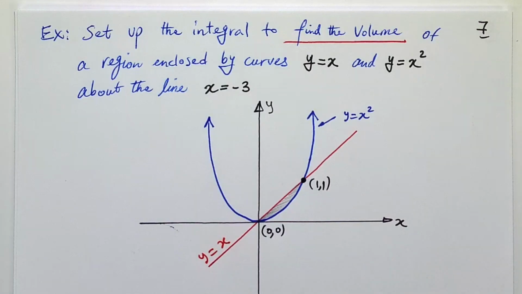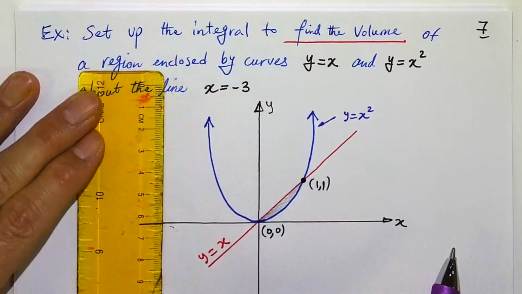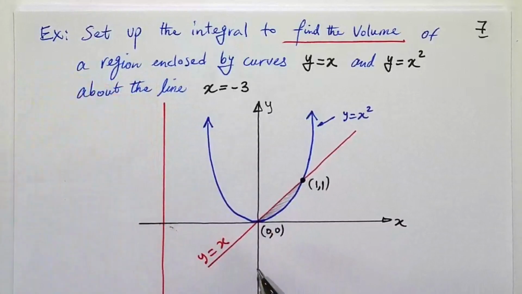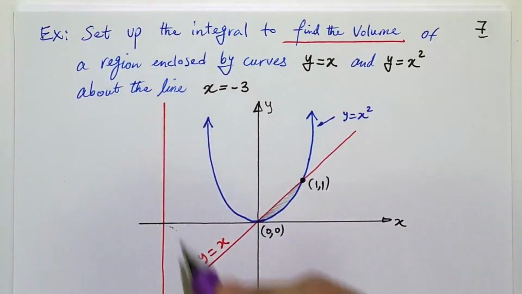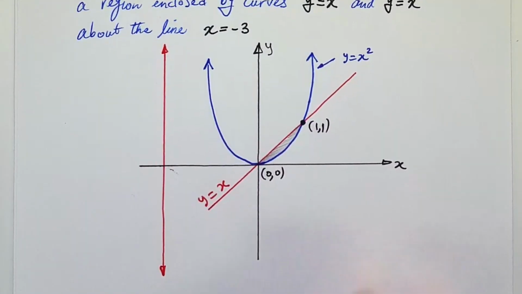Okay, so the axis of rotation, let's draw that as x equals -3. I will draw it somewhere here, like that. So move this up a little bit. Like that.